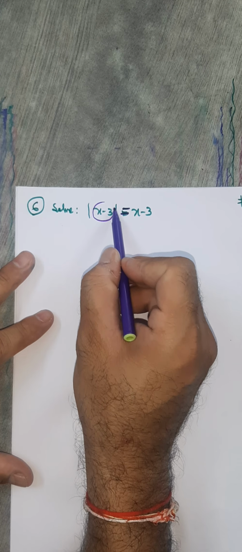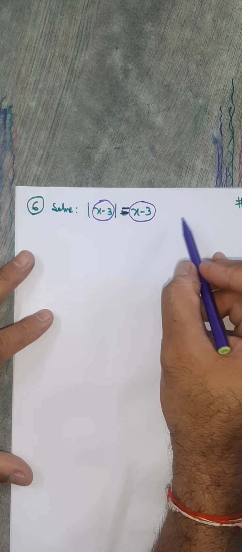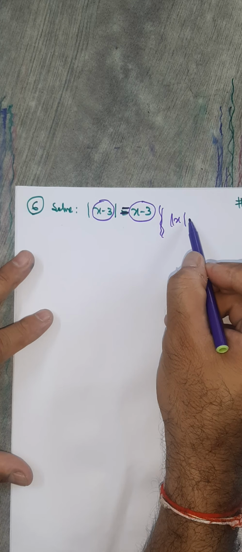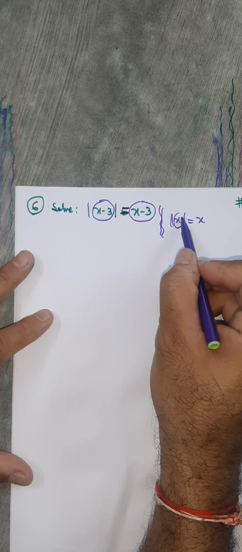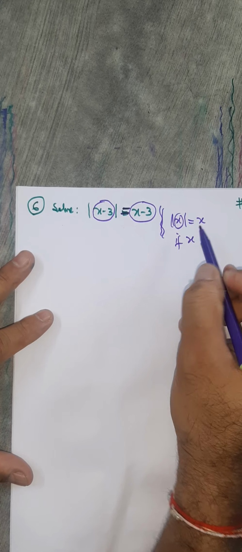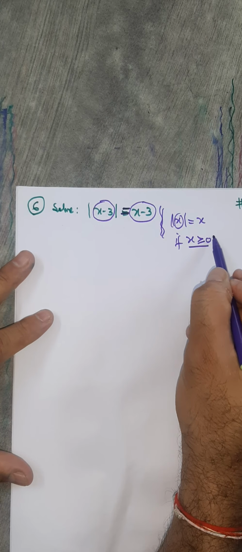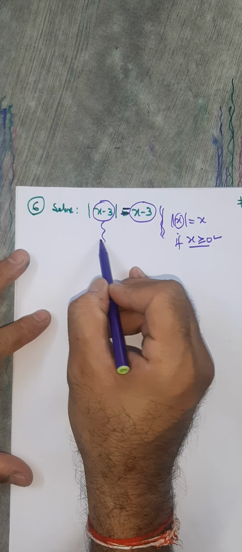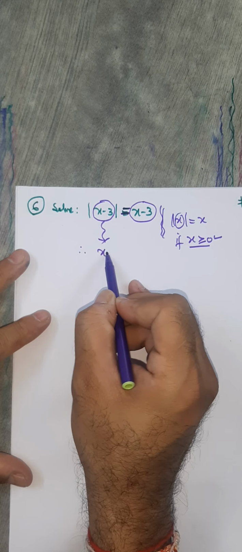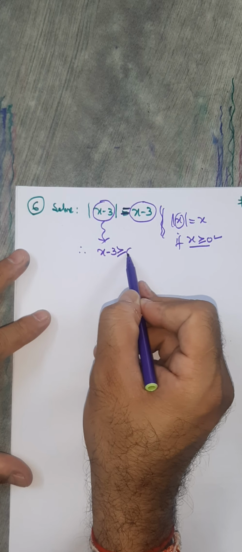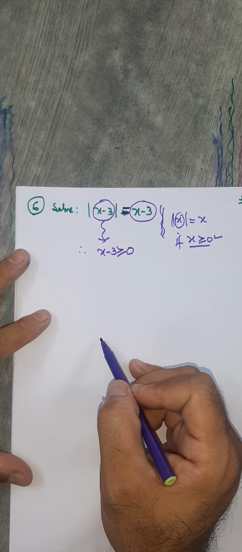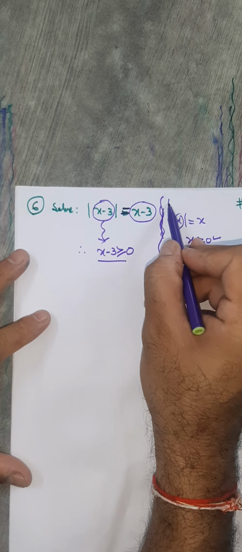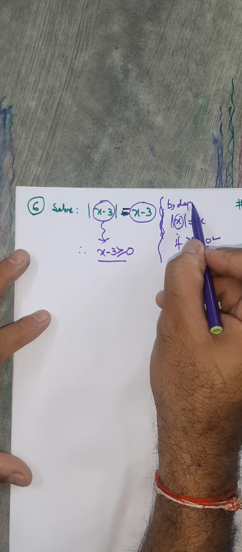Modulus of x equals x if this number is greater than or equal to 0, remember. Then and only then this is possible. So it implies that the inner number has to be greater than or equal to 0, otherwise this is not possible. This is a straightforward conclusion by the definition of modulus.